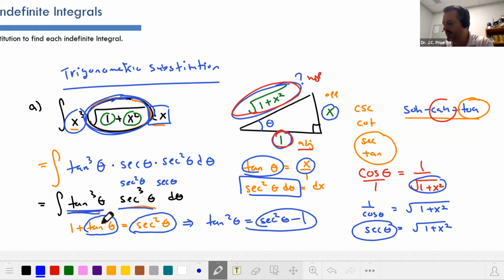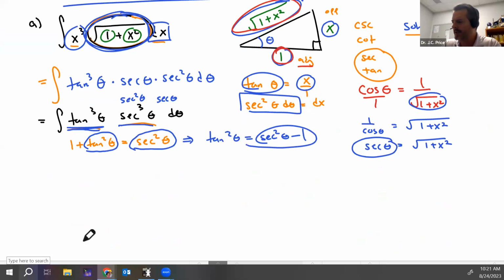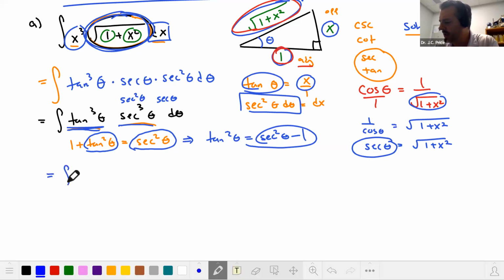So let's rewrite that so it makes it really clear. And so this is going to be equal to the integral of tan squared theta and then tan theta with the secant cube theta d theta afterwards.